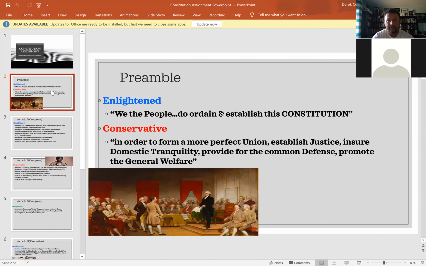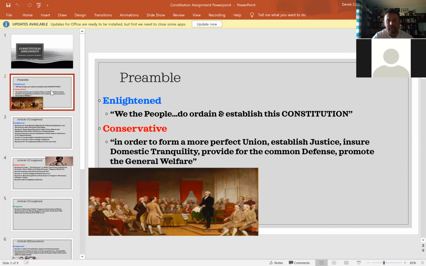It states here, we the people do give our consent. So to me, that smacks of John Locke's Second Treatise on Government and Jean-Jacques Rousseau's social contract books, where they talk about the social contract and that authority derives from the consent of the governed. So right off the bat, I think it starts off on an enlightened note.